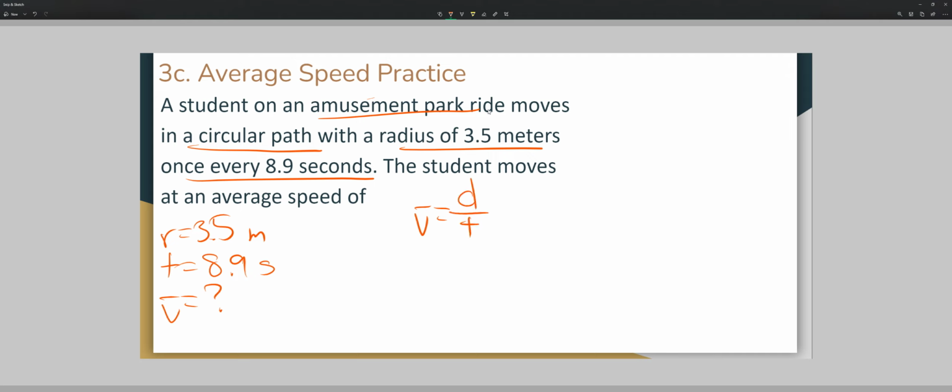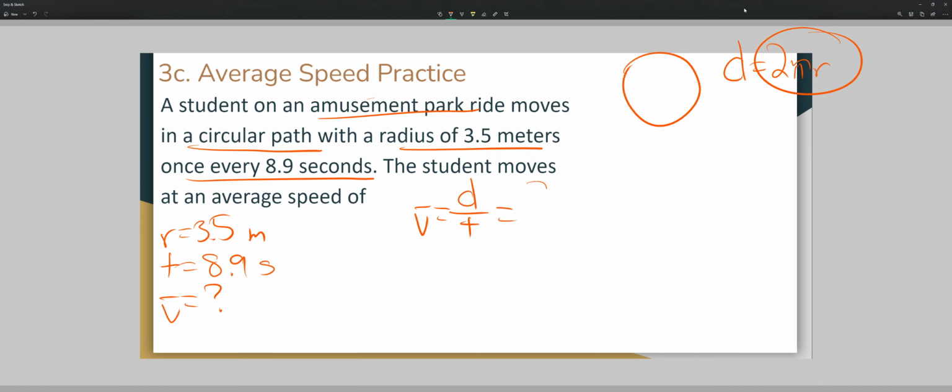We have our time. But what is the distance traveled in a circular path? The distance traveled in a circular path is your circumference. So this D right here is 2 pi r. That's the formula for circumference, 2 pi r.